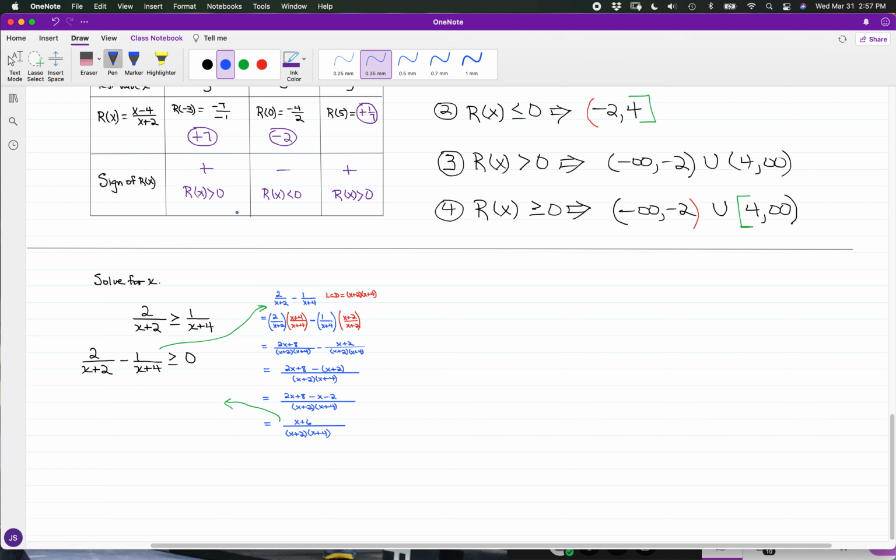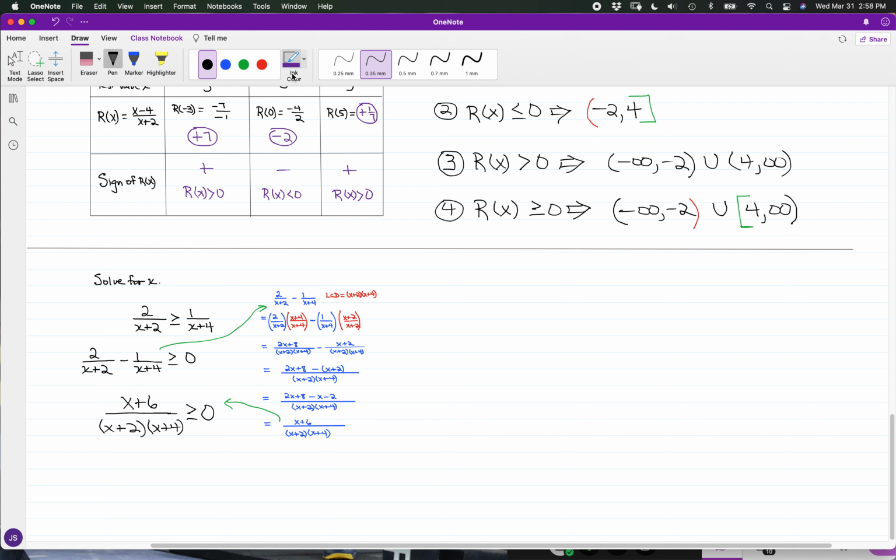So we're going to have x plus 6 all over x plus 2 times the quantity of x plus 4 is greater than or equal to 0. And so this is the comparison to 0 inequality translation that we have with this comparison of ratios we started out with.